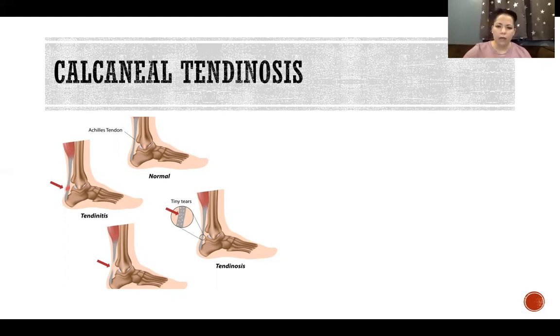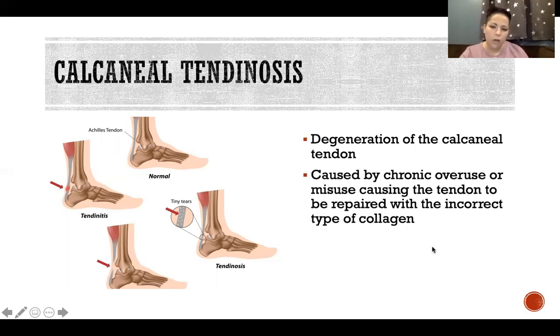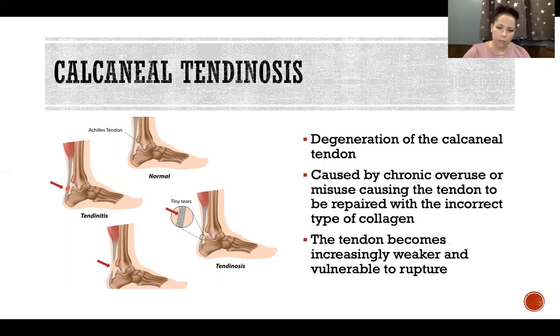Okay, so calcaneal tendinosis is happening in the same way as all the other types of osis. So it's degeneration of the calcaneal tendon caused by chronic overuse or misuse, causing the tendon to be repaired with the incorrect type of collagen. So the tendon becomes increasingly weaker and vulnerable to rupture. Okay, so this is commonly happening in the calcaneal tendon leading up to a calcaneal tendon rupture.